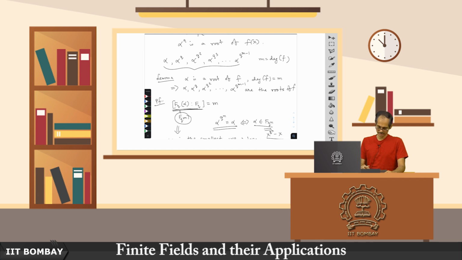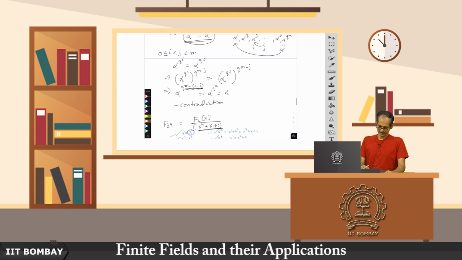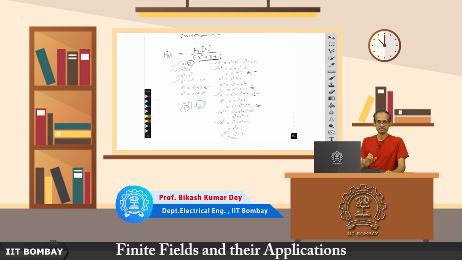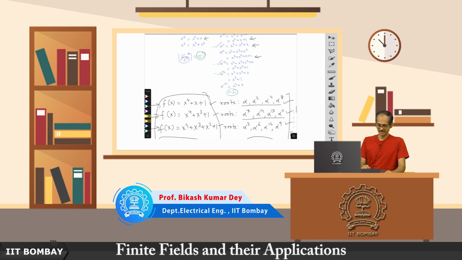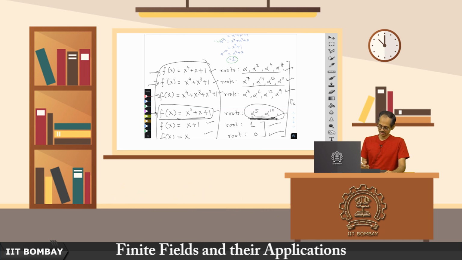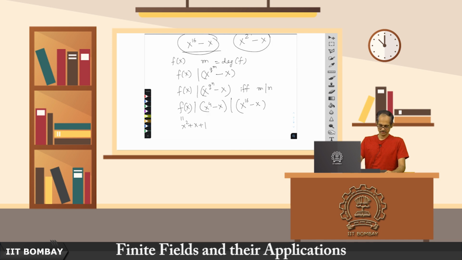They are distinct roots. An irreducible polynomial of degree m divides x power q power m minus x, and also for any n which is divisible by m, it divides x power q power n minus x. Okay, thank you.